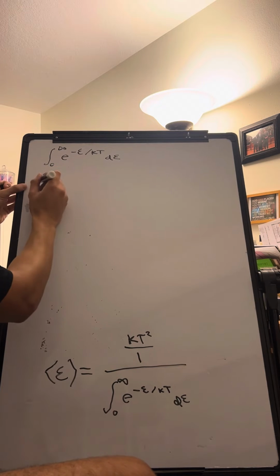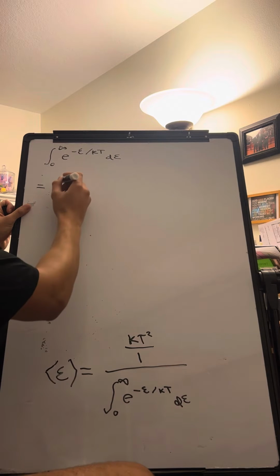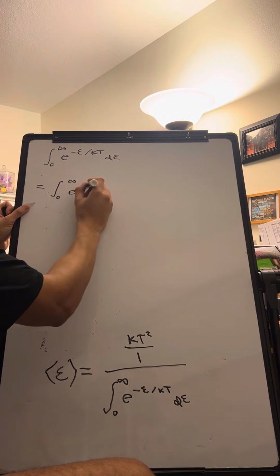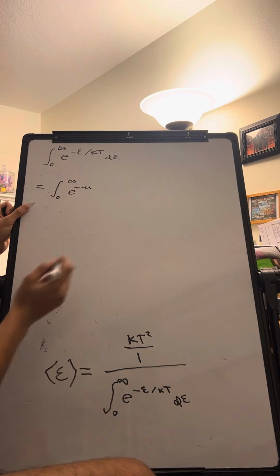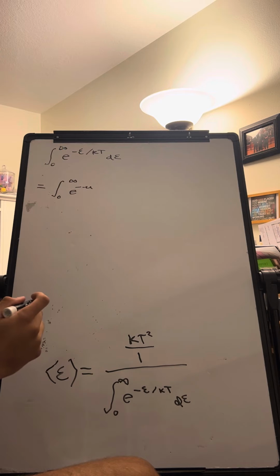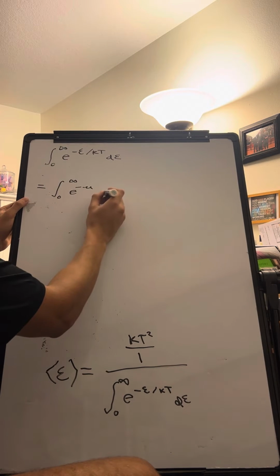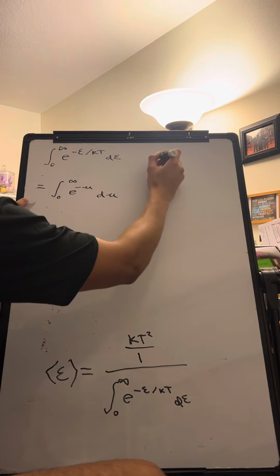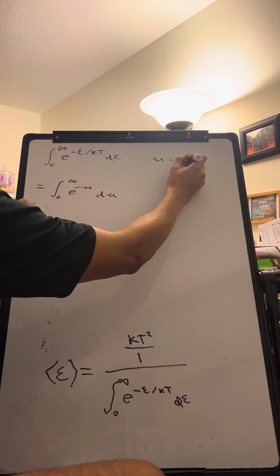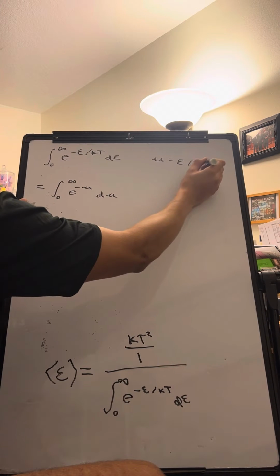To solve this integral, we'll want to use U substitution. So we have the integral of e to the something. We're going to say u is epsilon over kT.